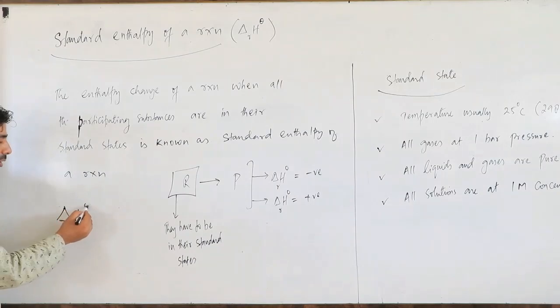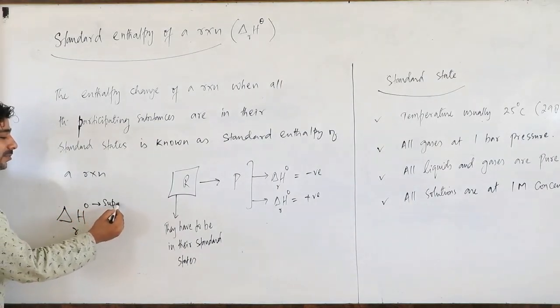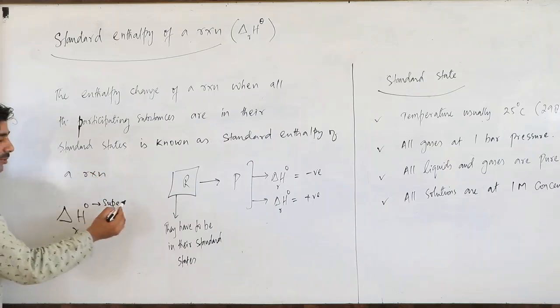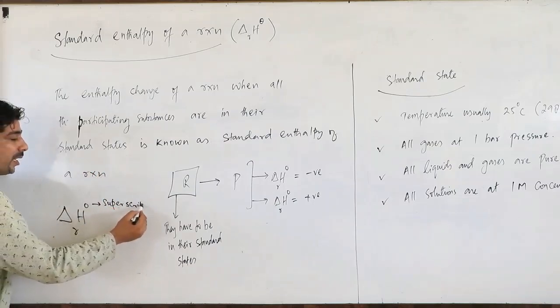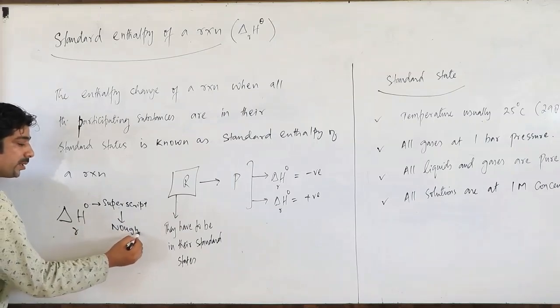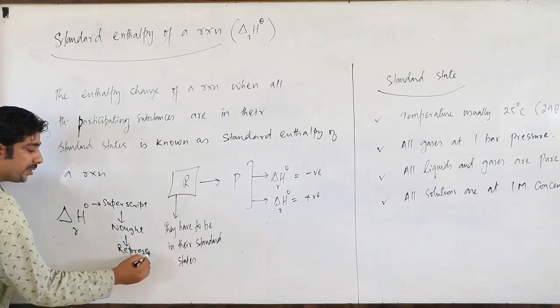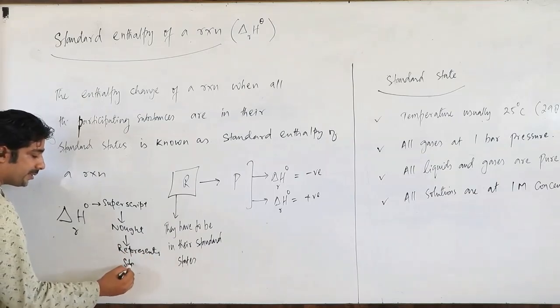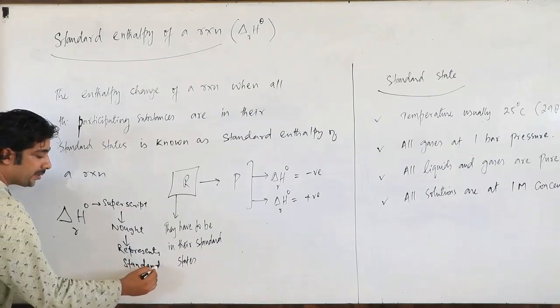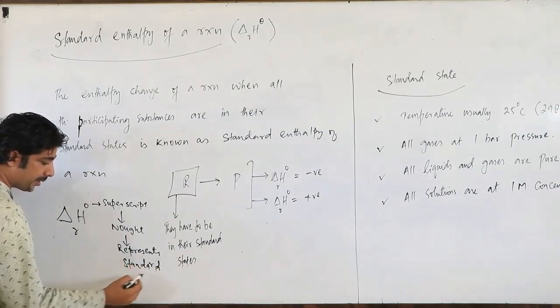When I put a naught here, it is a superscript, because something written up becomes a superscript. This superscript is pronounced as naught, and it represents standard condition.